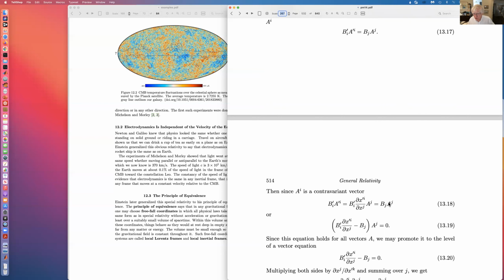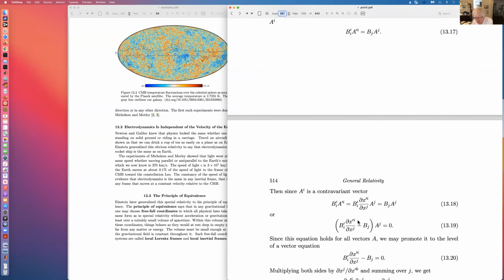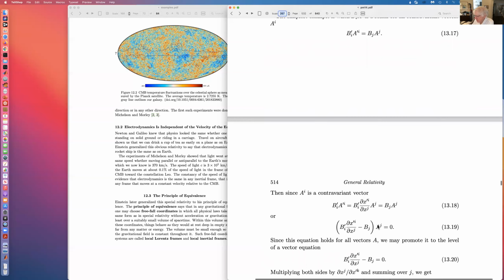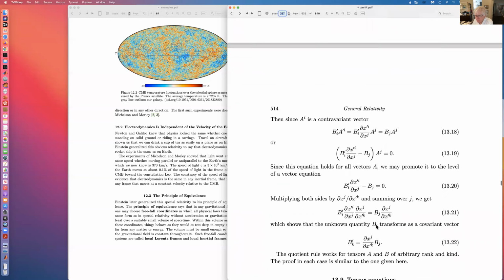And now if we subtract this from that, what we get is that B'_I times this partial of x'^I with respect to x^J minus B_J times A^J is 0, but it has to hold for all contravariant vectors A^J.